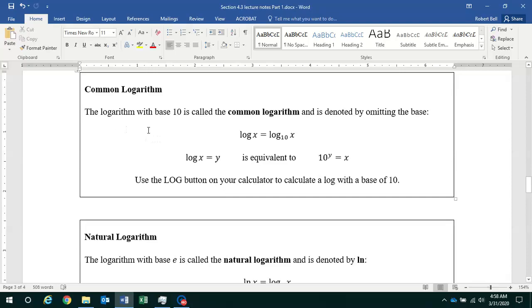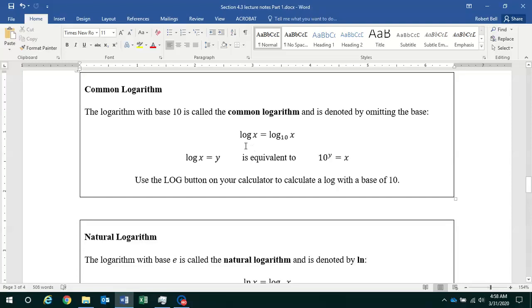The logarithm with a base of 10, here I have log base 10 of x, gets its own special notation. It's called the common logarithm, and we denote the common logarithm of base 10 by just dropping the 10.